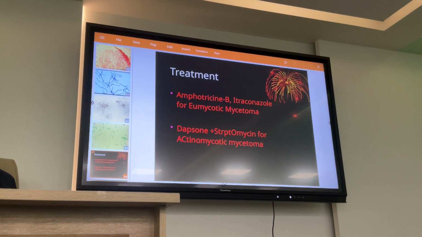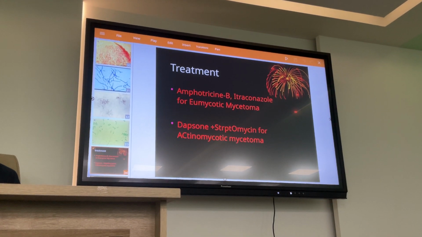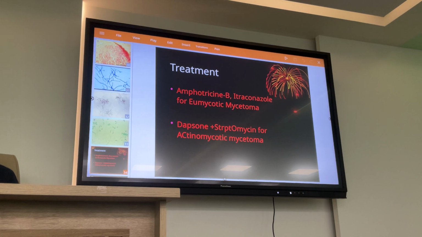For prevention of this infection, when you have an injury or trauma that has contamination or exposure to soil or other material containing contaminated microorganisms, you must use disinfectant and prevent the growth of microorganisms in the wound or skin injury.